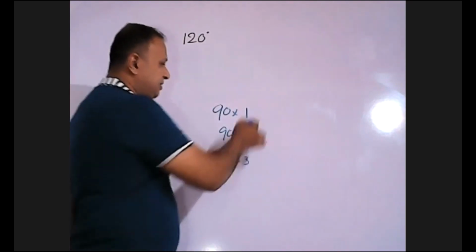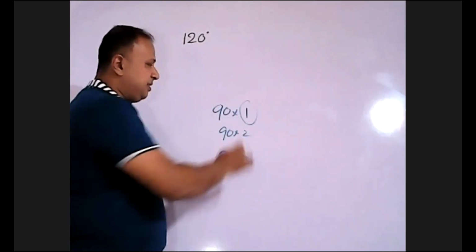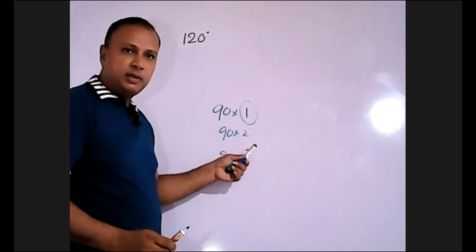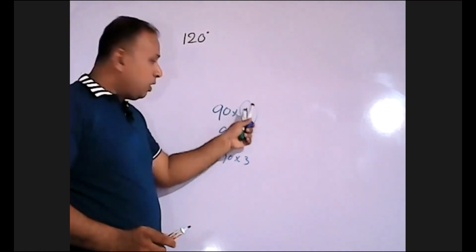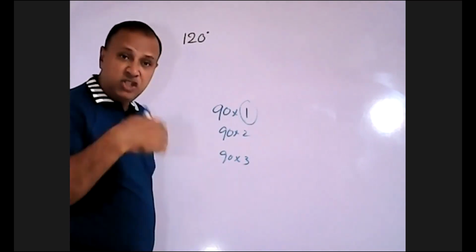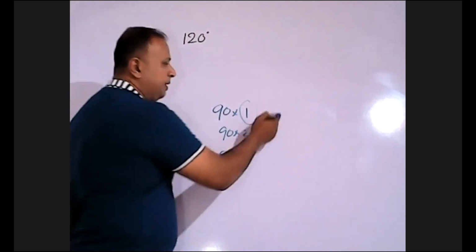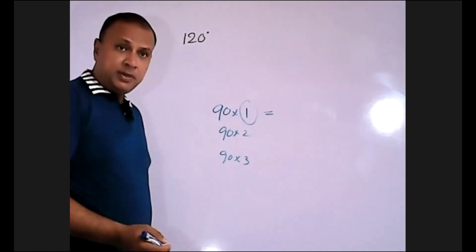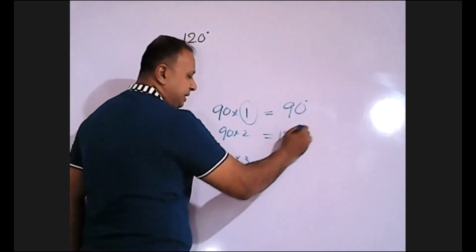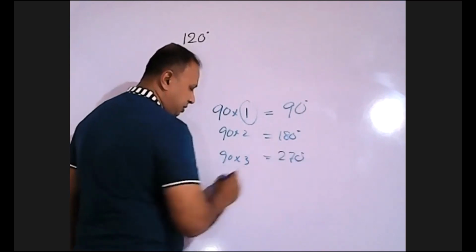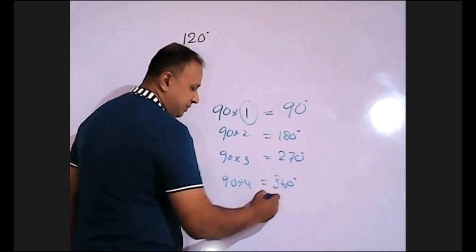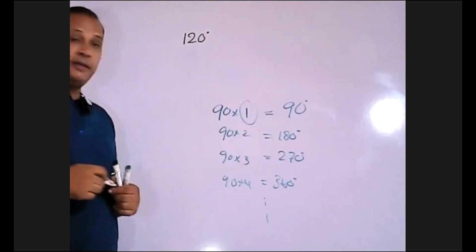This is the integer number, so we call it integer multiplication of 90: 90 into a whole number or integer. So integer multiplication of 90 begins with 90, then 180, then 270, 90 into 4, 360.